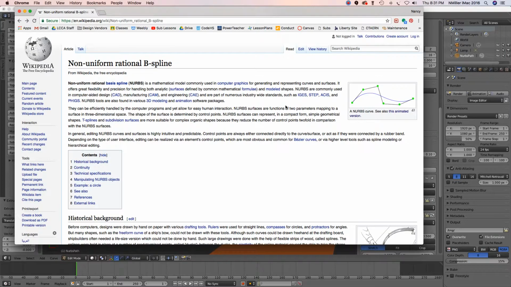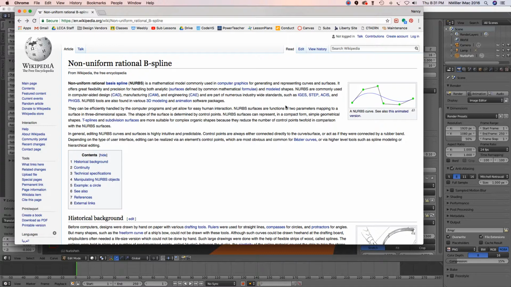Alright guys, I wanted to explain what non-uniform rational B-spline is, and I call it NURBs, but I don't really know if people actually call it that. It's just easier than saying that. So basically, in the past we've dealt with vector, and in Adobe Illustrator, those are mathematical points, but in Adobe Illustrator you're just dealing with height and width.